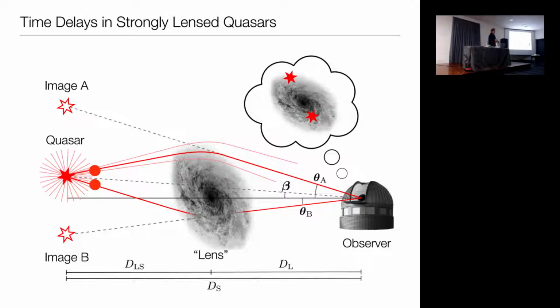One is that the optical paths are different in length. Second, photons are delayed at different positions of the potential well of the lensing galaxy because of gravitational delay. So the total delay of photons between image A and B of the quasar that you see here has two origins: one is geometrical and one is gravitational.